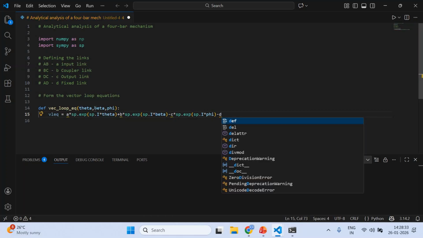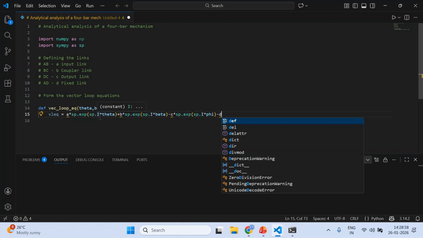So here we have defined the vector loop equation exactly in the complex form that we saw before. If you carefully observe, this is a vector plus b vector minus c vector minus d vector. Clear? Now sp.I simply represents the complex notation iota, right?